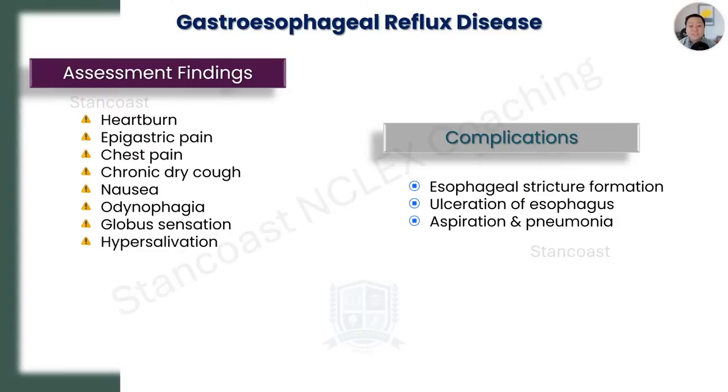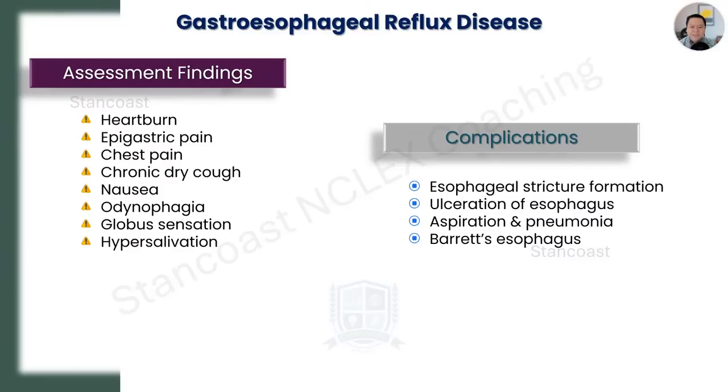This is a serious condition, especially for those patients who have recurrent reflux or those with compromised swallowing mechanisms. Now we have another complication we call Barrett's esophagus. This is something that can occur when chronic acid reflux causes changes in the cells of the esophageal lining, which can become precancerous over time.